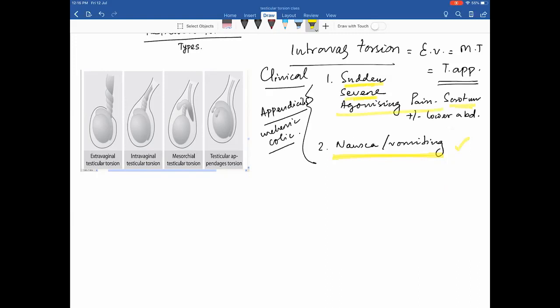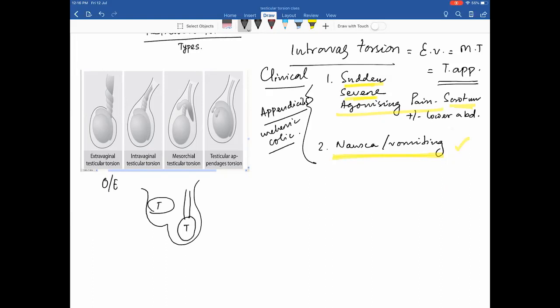Please remember that. Now, when you examine the scrotum, what do you find? For example, if it is on the right side, we find that the affected testis on the right side is riding high. The affected testis has a transverse lie, whereas the normal testis has a vertical lie.